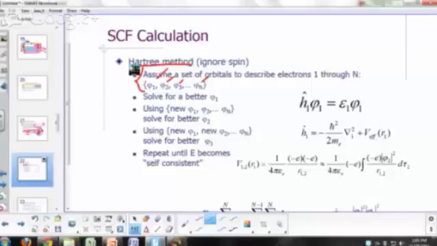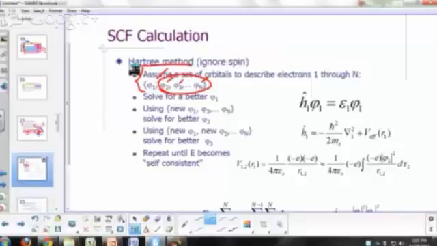Pretend you have a hydrogenic system, which is going to feel an effective potential due to the presence of the other electrons. The force that the other electrons would exert on that one electron would be dependent on what you assume to be the orbitals for those electrons.